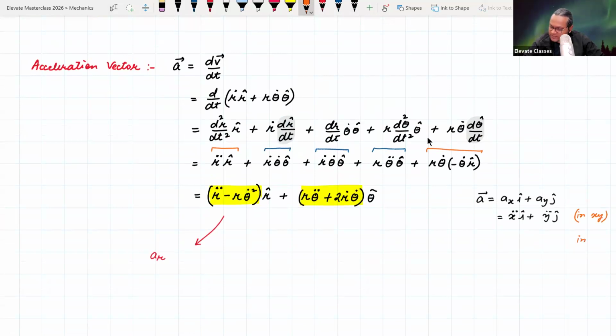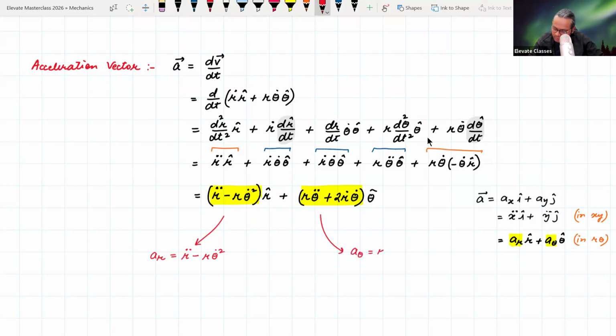But if we write it in r theta, we write it as AR r cap plus A theta theta cap, which is basically this जो मैं अभी लिख रहा हूँ, AR and A theta. So what is AR? AR is equal to r double dot minus r theta dot square, and A theta is equal to r theta double dot plus 2 r dot theta dot.